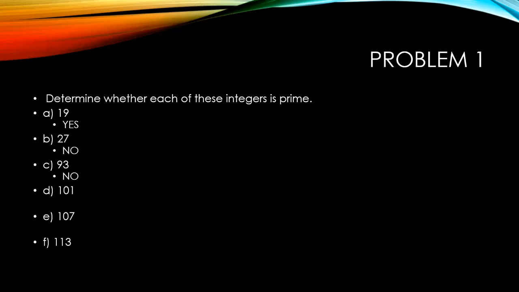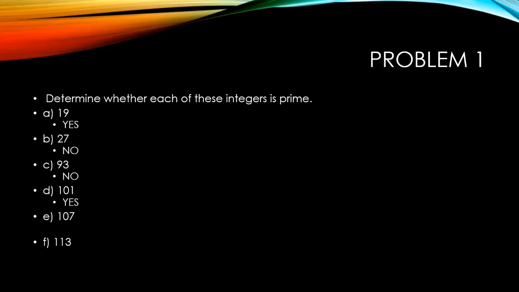Divide by 2, the remainder is not equal to 0. Divide by 3, same, not equal to 0. How about 5? Definitely not equal to 0. How about 7? Definitely not equal to 0. Therefore, this is a prime number.